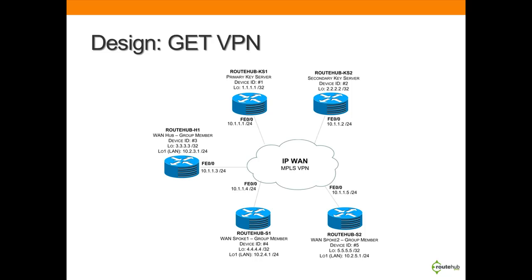So you will see that we have two key servers for redundancy reasons, and our group member routers, we have our single hub and two spoke sites. So within this diagram, we will show you the configuration for this design step by step within our workbook.